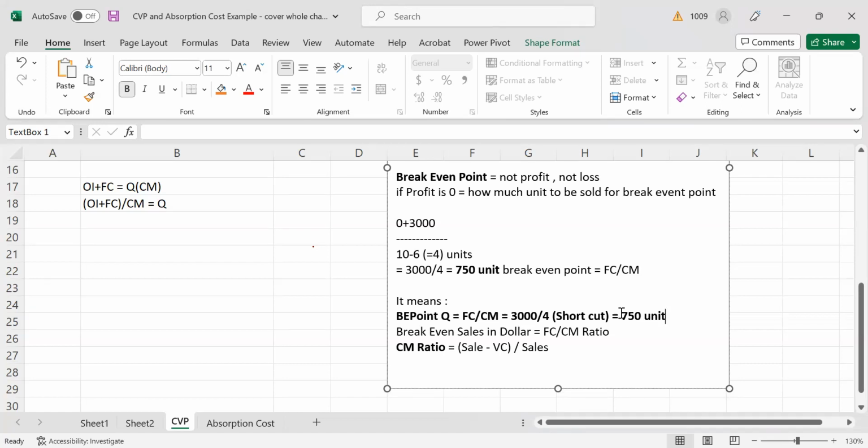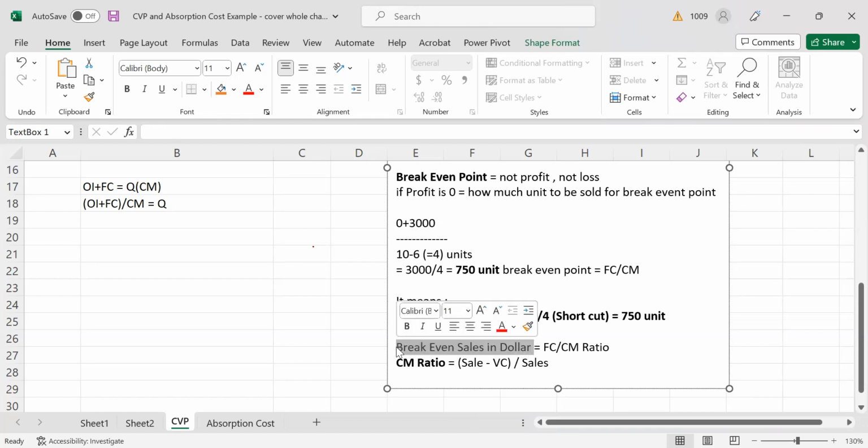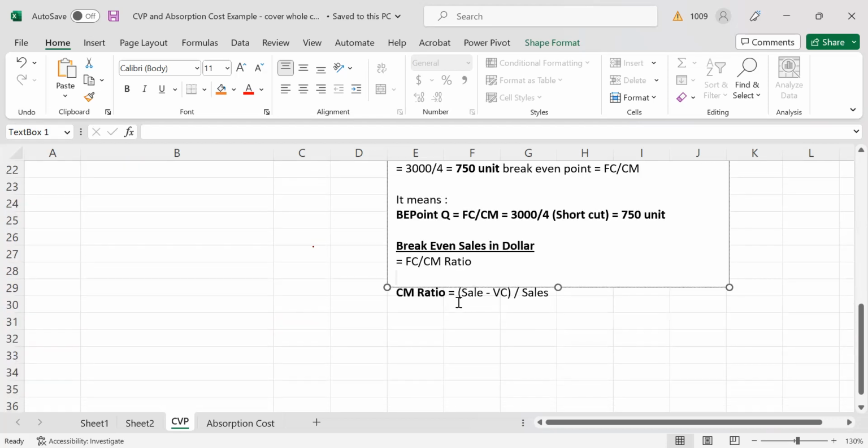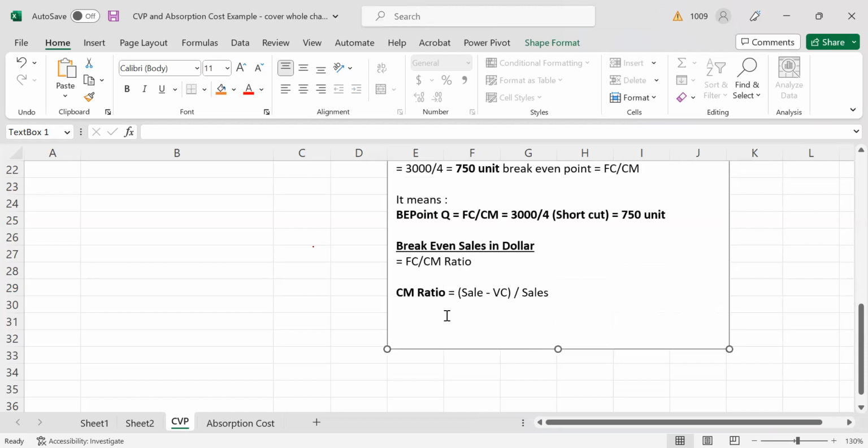Now if we want to know the break-even sales in dollars, how can we calculate? This is also one of the formulas. It says fixed cost divided by CM ratio. So what is the CM ratio? The CM ratio is the sale minus variable cost divided by sale.